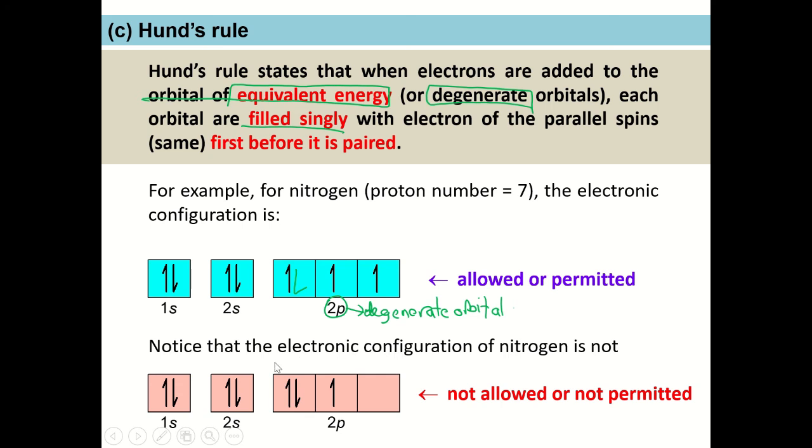But please note that you cannot fill like this. When it comes to degenerate orbitals, according to Hund's rule, you cannot pair it first and then fill in another orbital. No. For degenerate orbitals, you must fill in all the orbitals singly first, and then if you still have remaining electrons, then you pair up.